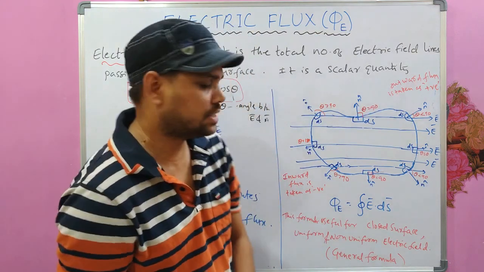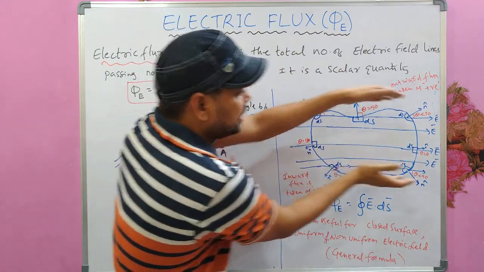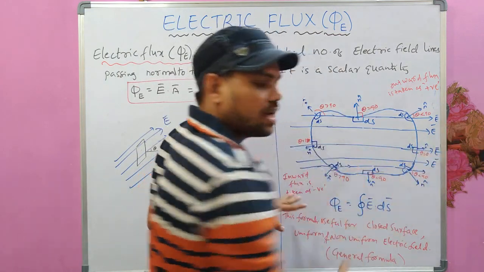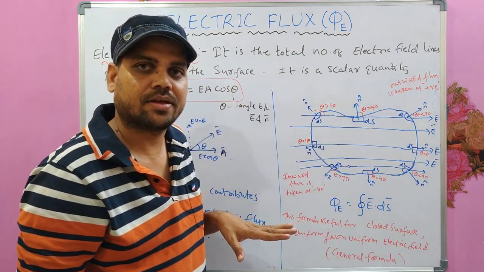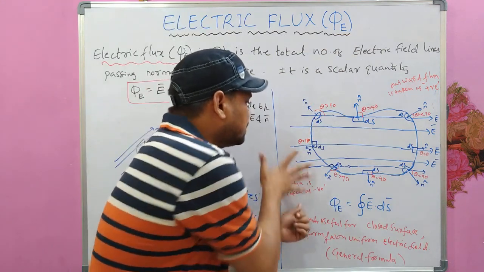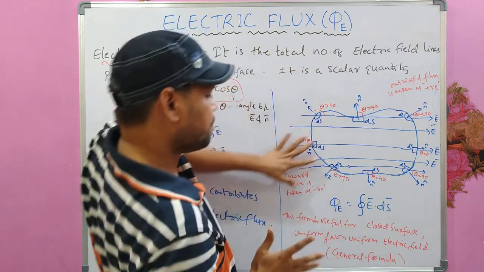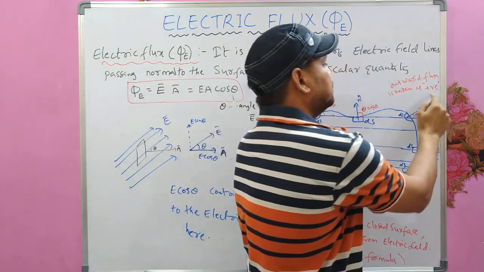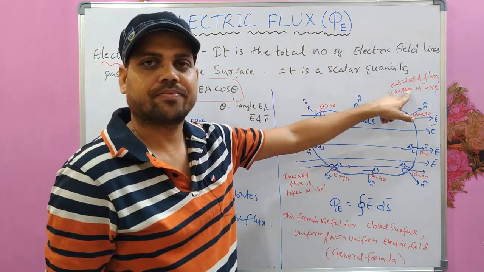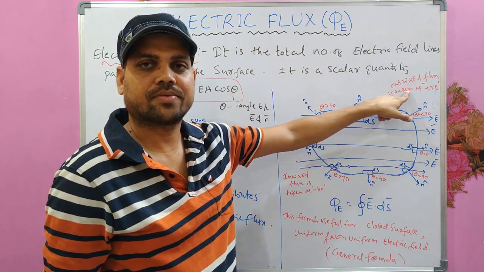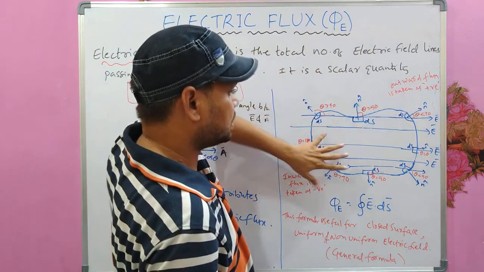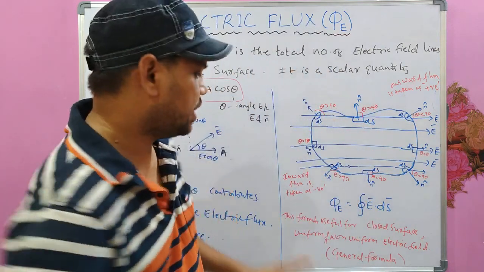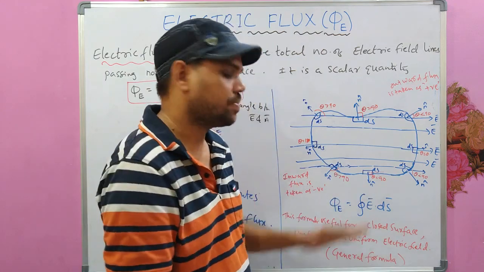Which means that here we have negative flux, entering flux, and here we have positive flux, emerging flux. Inward flux is taken as negative, outward flux is taken as positive. This is what we can conclude from this.